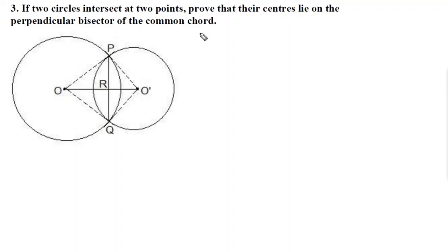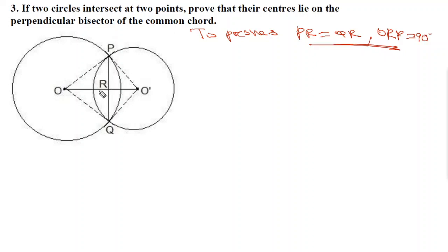What we have to prove is that PR is equal to QR, and angle ORP equals 90 degrees. So this is what we have to prove.